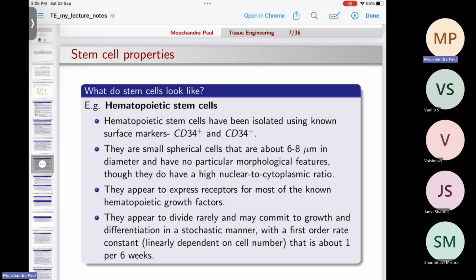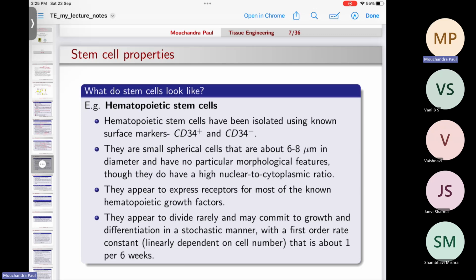There are labs in India isolating these cells themselves, or you can easily purchase them at a much lower cost compared to other kinds of stem cells. Because as I told you, a lot of research has been done, and more is coming up using these cell populations. That is why a classic example of how stem cells look comes from the hematopoietic stem cells.